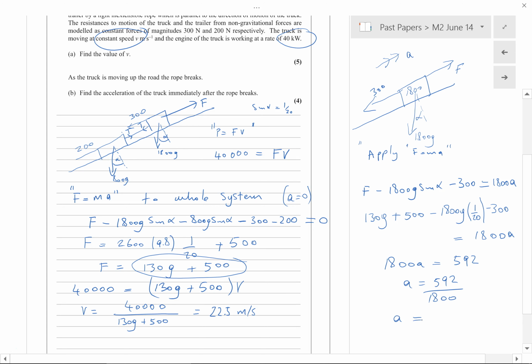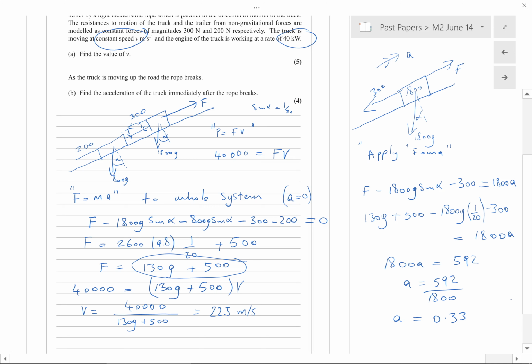Let's give two significant figures. a is 0.33 meters per second squared. It's 0.328 recurring actually, but 0.33. Again, it won't accept the fraction 74 over 225, even though you might think that's a nicer answer.